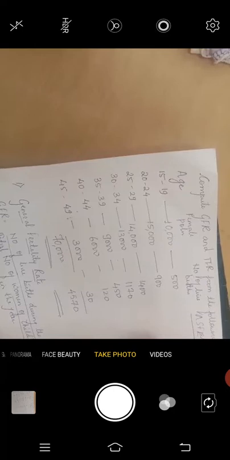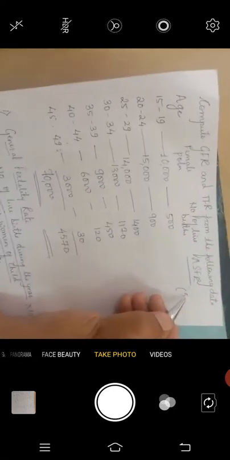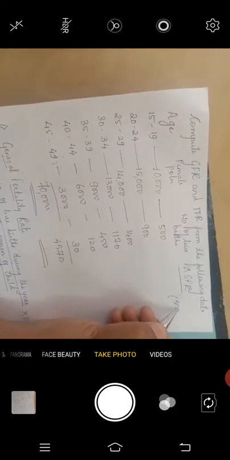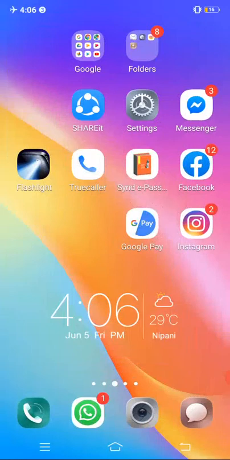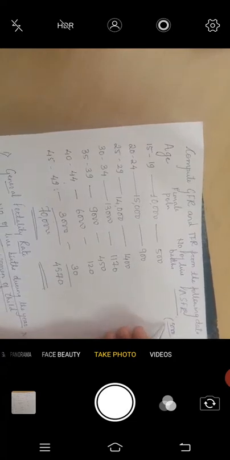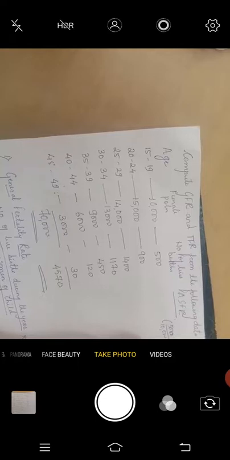So I'll show the first one. Number of live births is 500, divided by number of women of that class, 10,000, into 1000. So the answer is about 50.